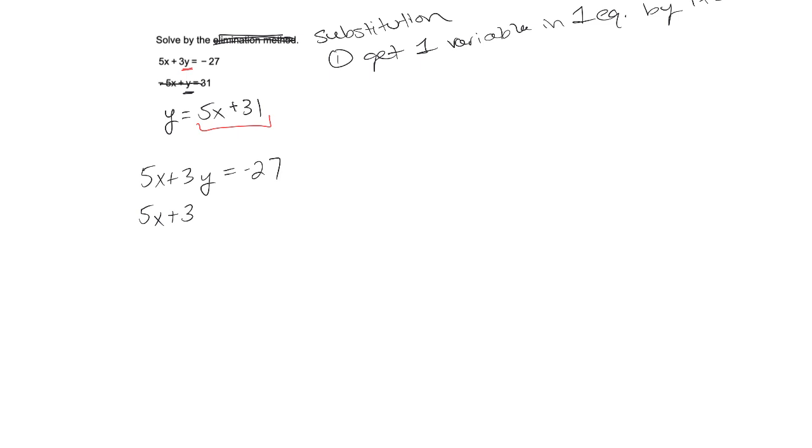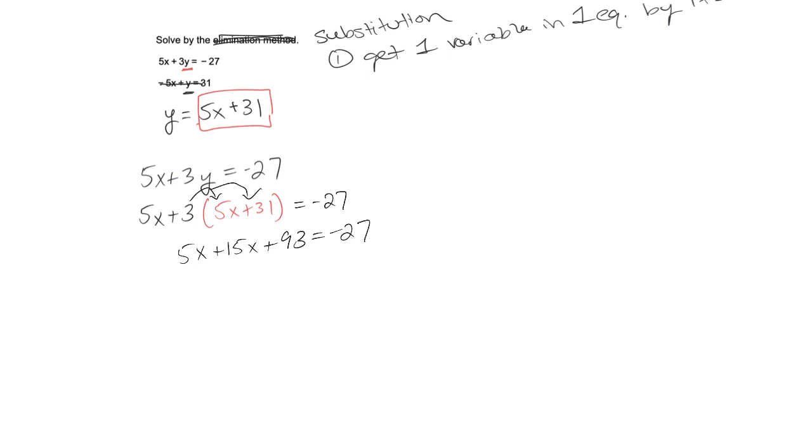So 5x plus 3 times this 5x plus 31. Right, this allows us to have all x's in our equation so that we can solve. Okay, so now we have to distribute the 3. We get 5x plus 15x plus 93 is equal to -27.